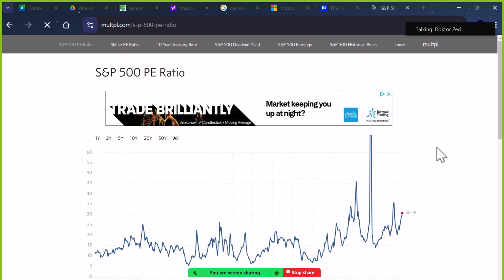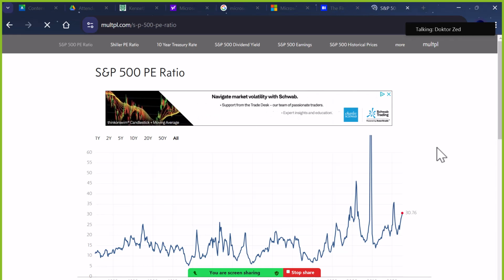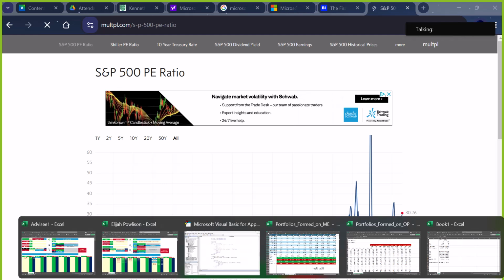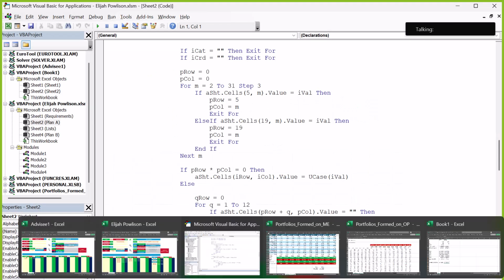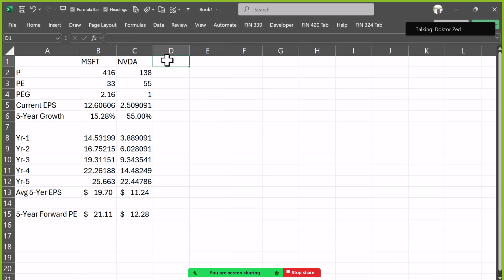The latest number is 30.76. So Microsoft is not too different from the S&P 500. Let's assume a price of $100. Doesn't matter what it is.